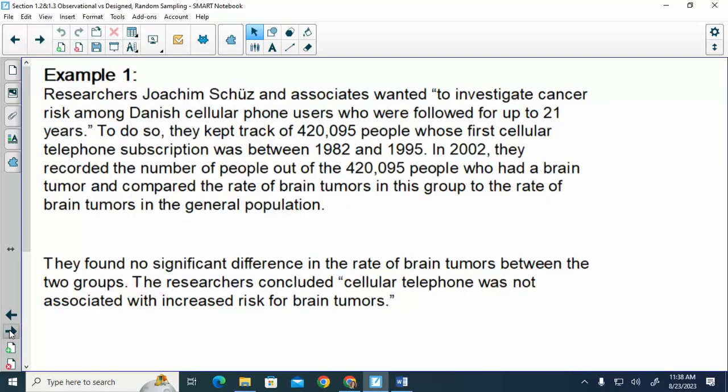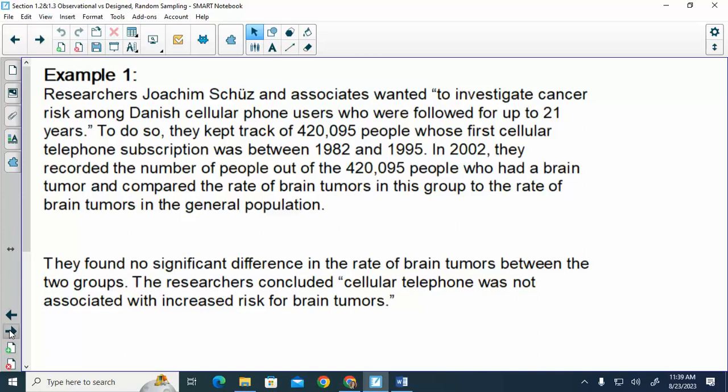So let's look at this example. So you guys have your example slides, right? Okay. So we have two researchers that want to investigate cancer risk among cell phone users who were followed for up to 21 years.